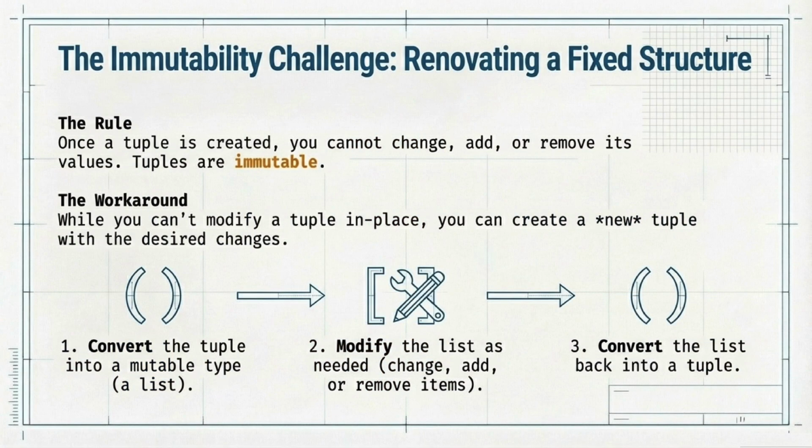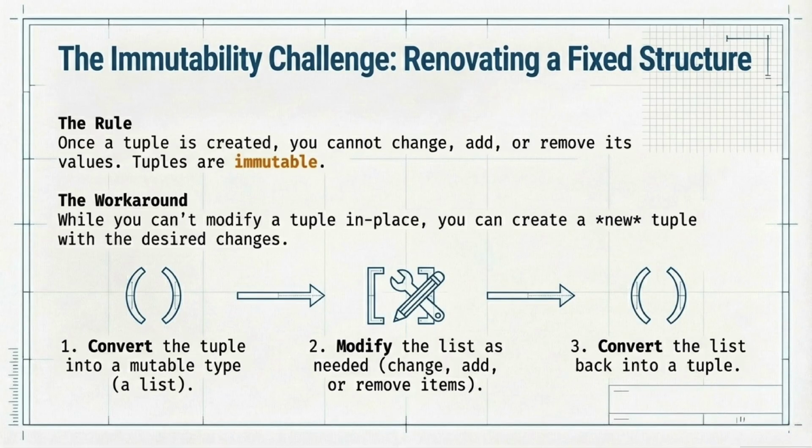Tuples in Python are immutable, which means that once a tuple is created, its elements cannot be changed, added or removed. This immutability ensures data integrity but also means that tuples cannot be modified directly. However, if changes are required, a common workaround is to create a new tuple with the desired modification.